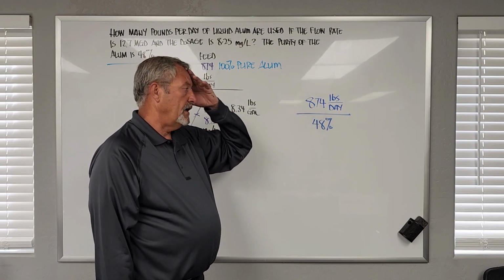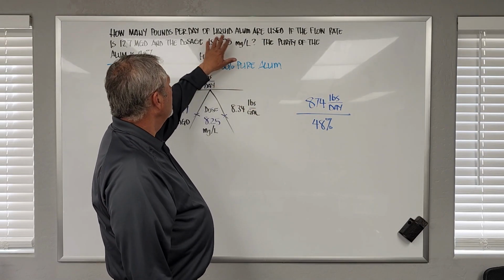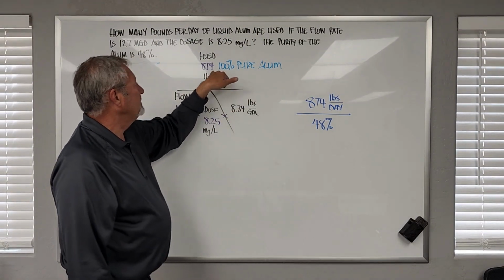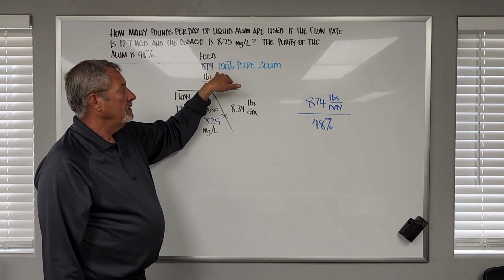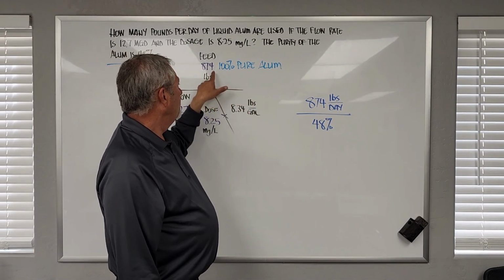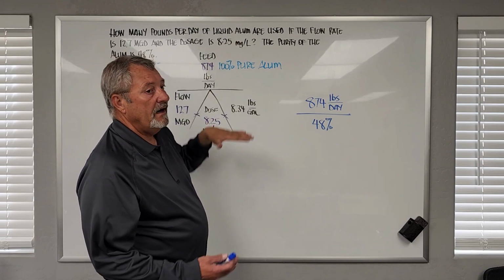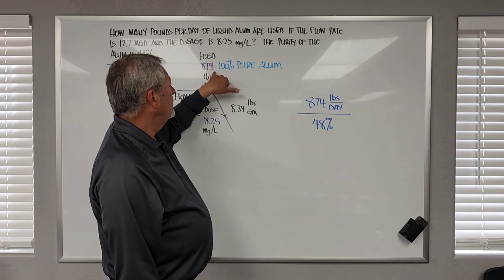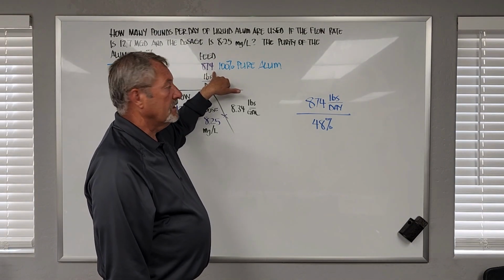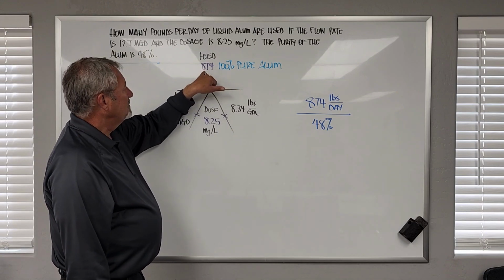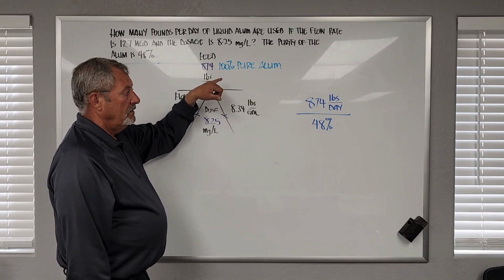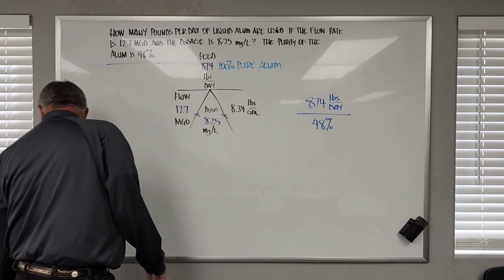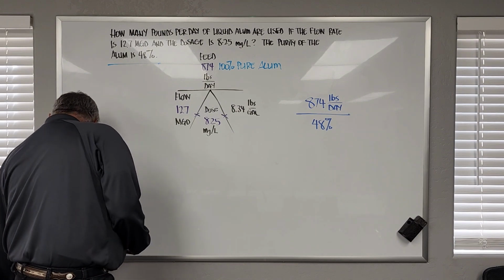If my liquid alum is 48% alum, and I have to deliver 874 pounds of it, then the amount of liquid alum I have to dose is going to be more than twice the 874 pounds. We're looking at least 1,700 pounds.